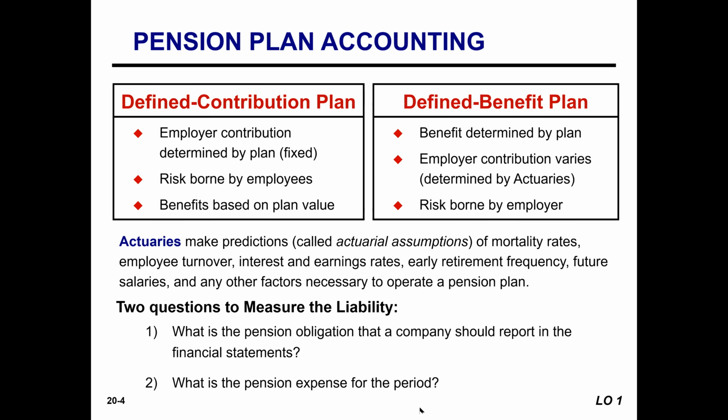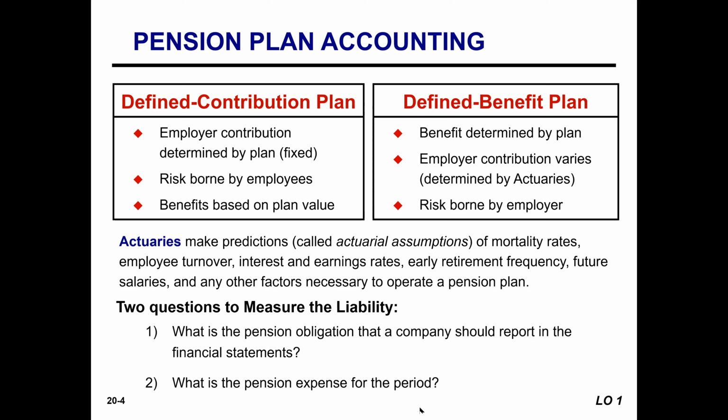Okay, so we talked about the difference between these two: defined contribution plan or defined benefit plan. So in a defined contribution plan, the employer contributes a determined amount to the plan. The risk is basically borne by the employees, and benefits are based on the plan value, so how much is contributed to the plan.